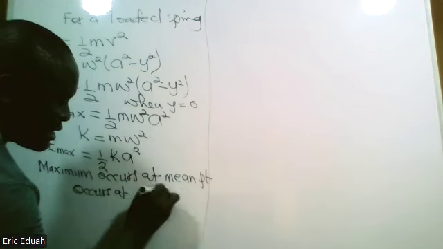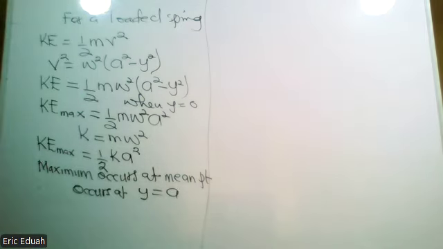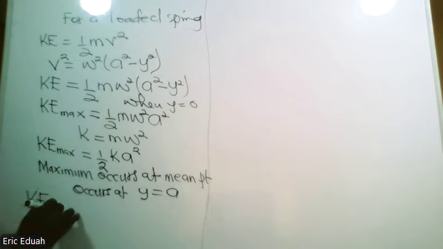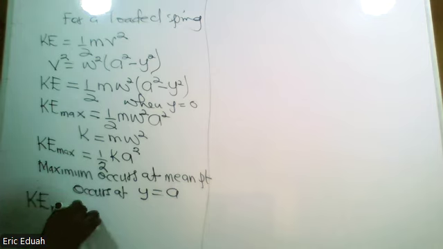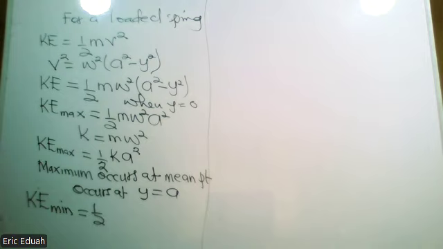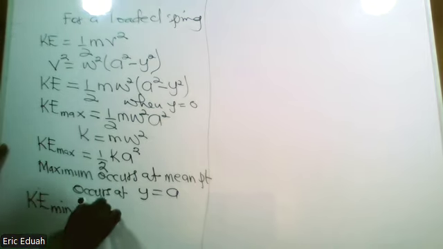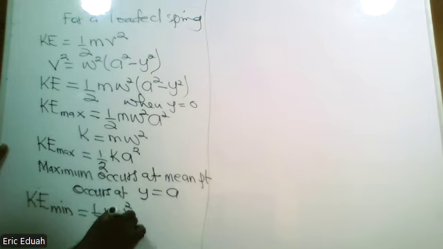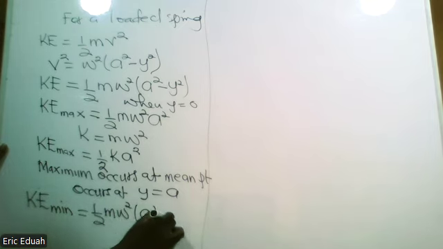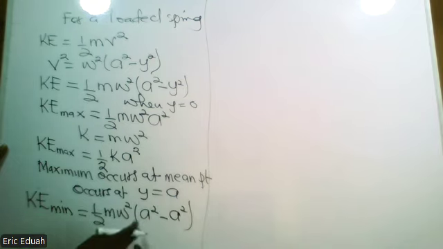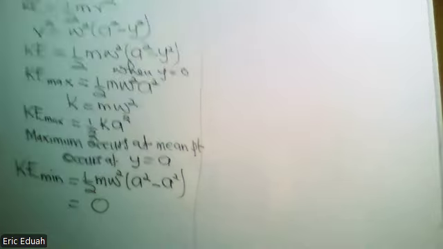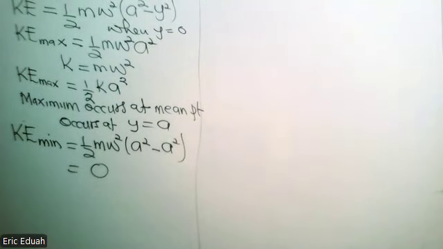So y is equal to a. So if y is equal to a, then we have KE minimum being equal to half m omega squared (a squared minus a squared). Therefore, this is 0. And the minimum kinetic energy of an oscillating body is always equal to 0.